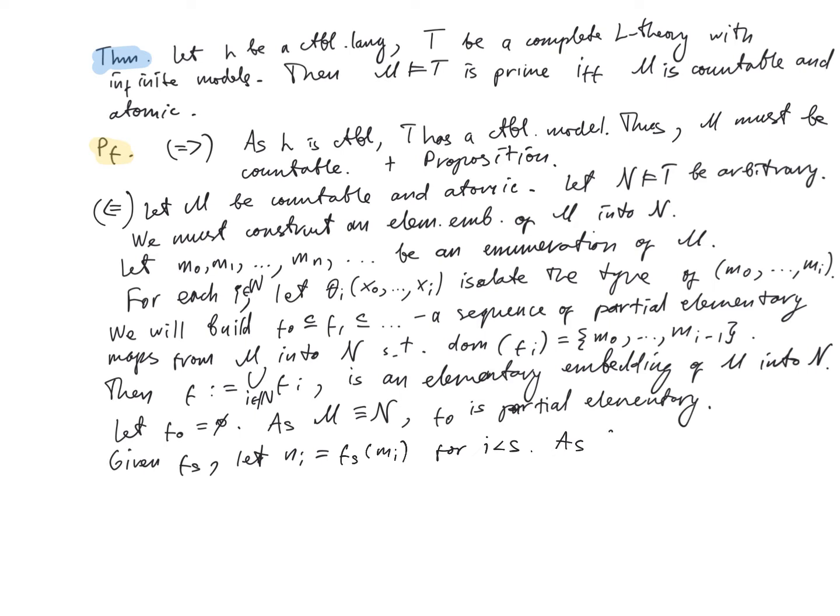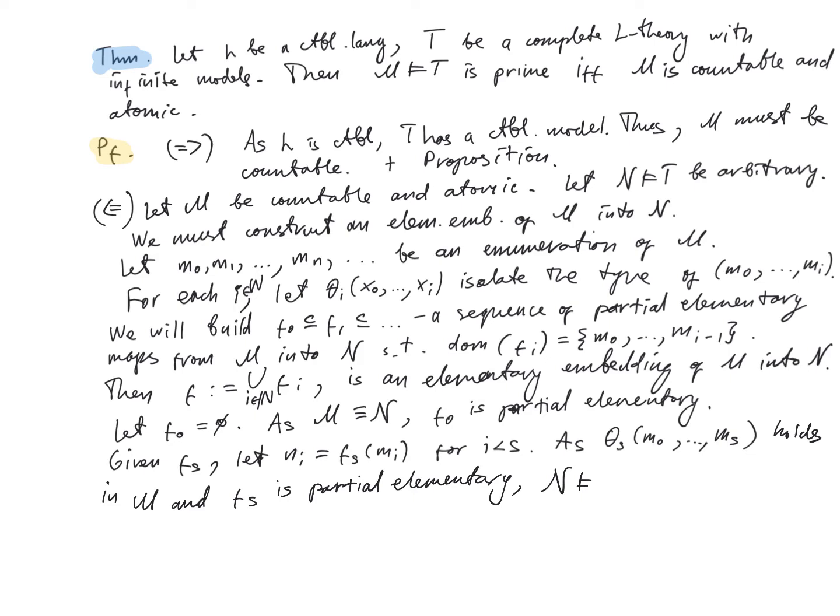Now, as theta s of M0 through M(s-1) holds in M, and the map Fs is partial elementary, we have that N also satisfies exists v theta s of N0 through N(s-1), v.